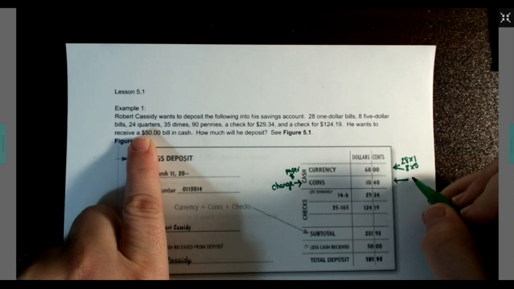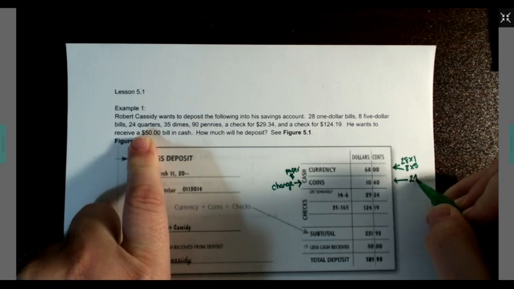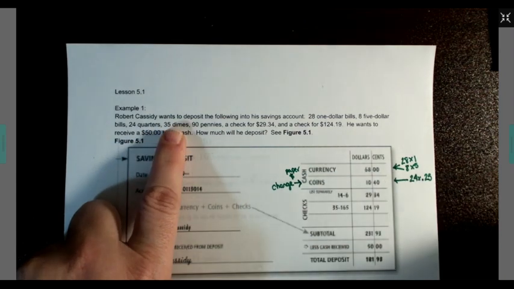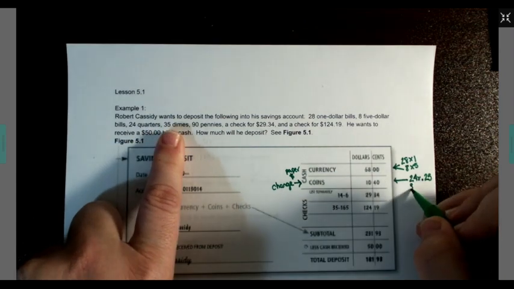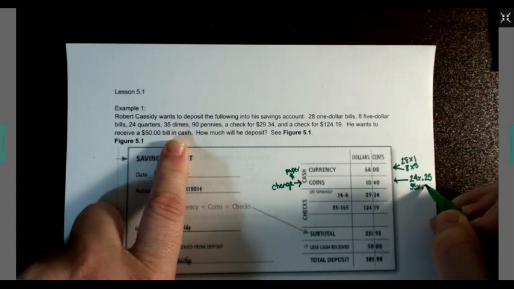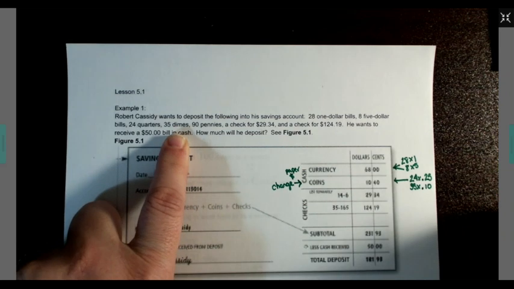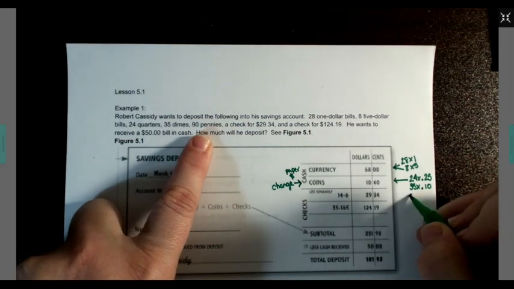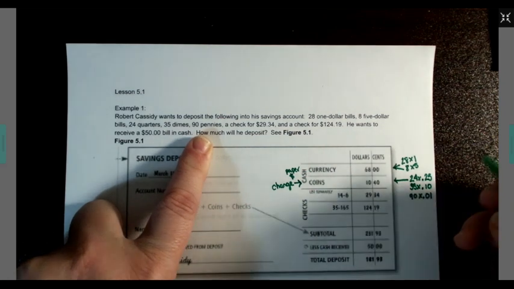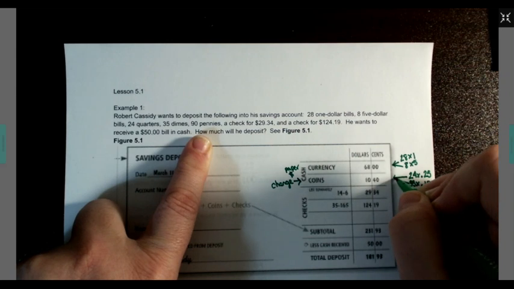We would have done 24 times 0.25 per quarter. We would have done 35 times 0.10 because it's a dime. We would have done 90 times 0.01 because it's a penny.